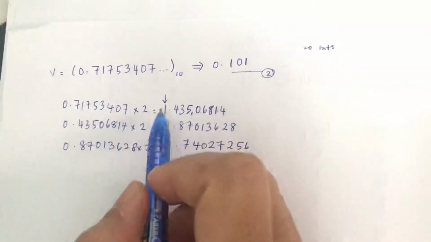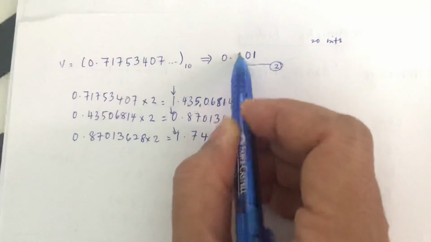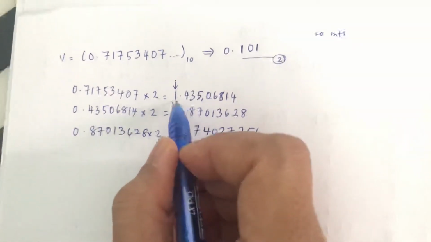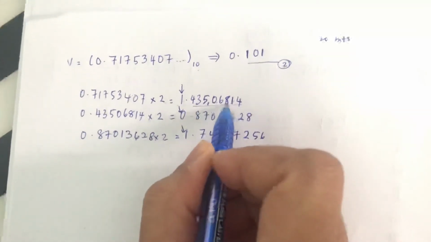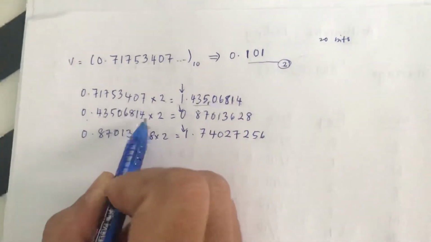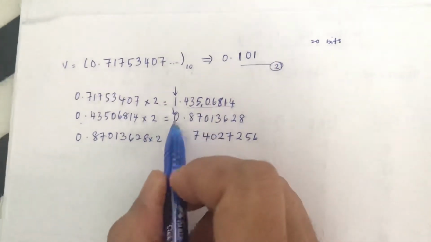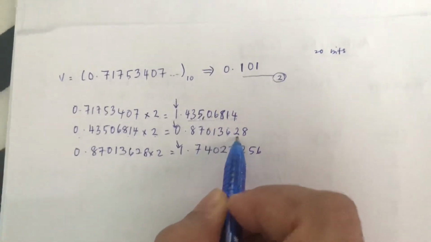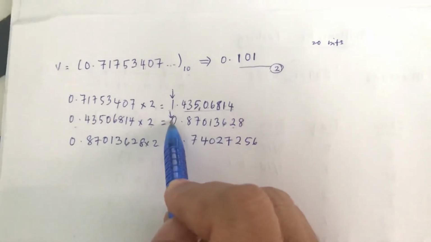So the number before the decimal will be the first bit to be encoded here. Okay, so next, 0.43506814, you multiply by 2 again. Then you will get 0.870. So the next bit will be 0.